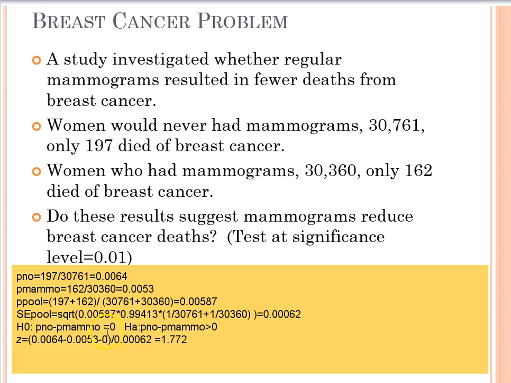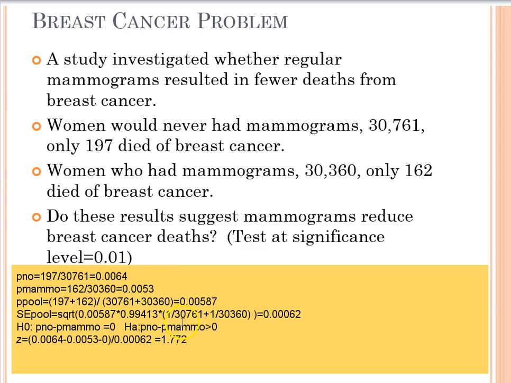Again, we put the equality in the null hypothesis, and so we're assuming that the true difference is 0. So we're assuming that the two groups of women are the same. The alternative hypothesis then indicates some direction. Here we want to know, do these results suggest that mammograms have a lower rate of breast cancer deaths?